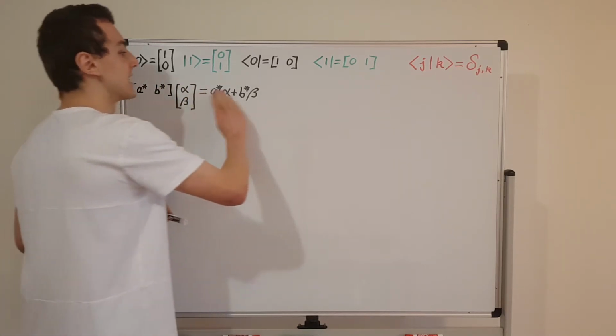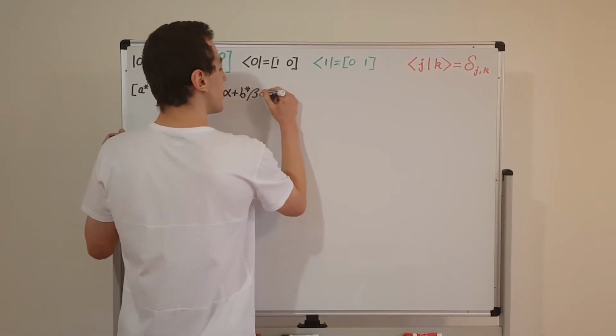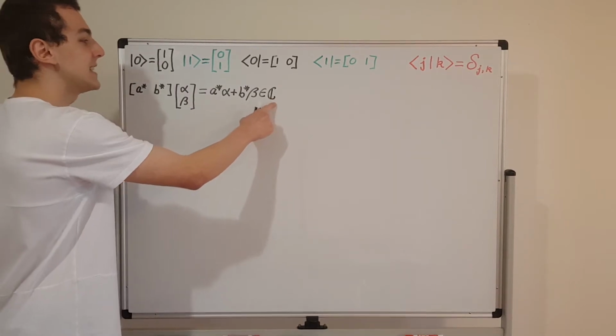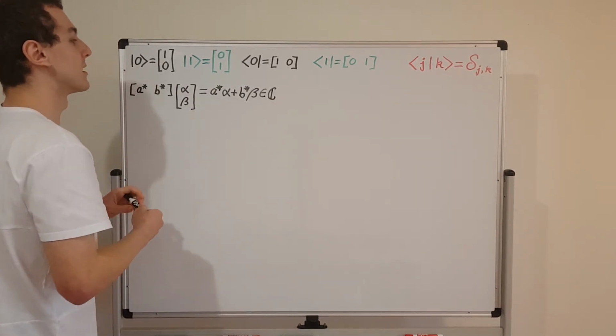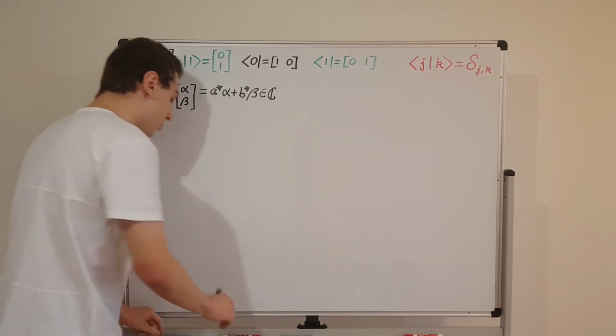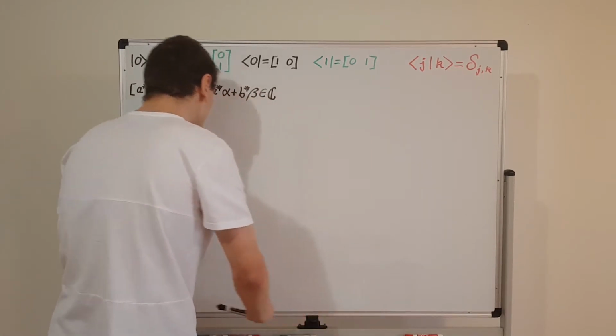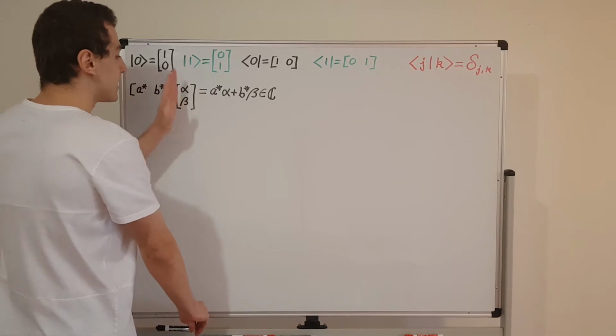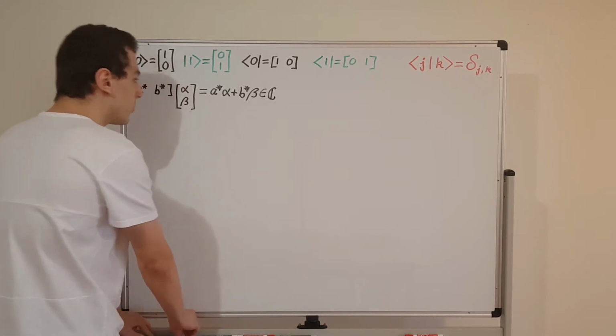So we just have to take the sum. And this is an element of the complex numbers. So that's a fancy C that denotes the complex numbers. So the important thing to remember here is that the conjugate transpose is on the left and the normal ket is on the right. But what if we swap this around?